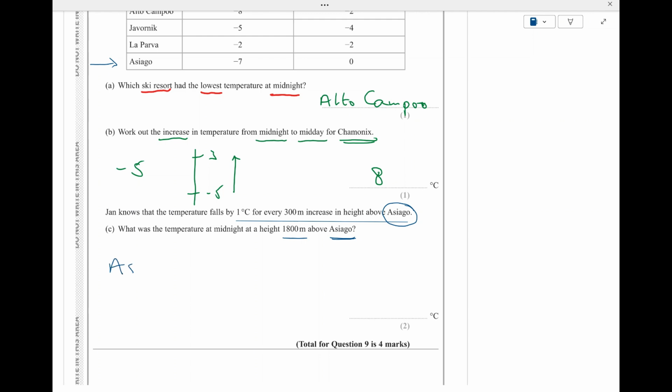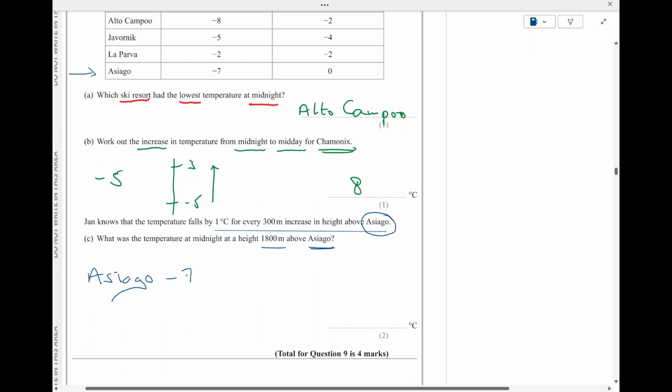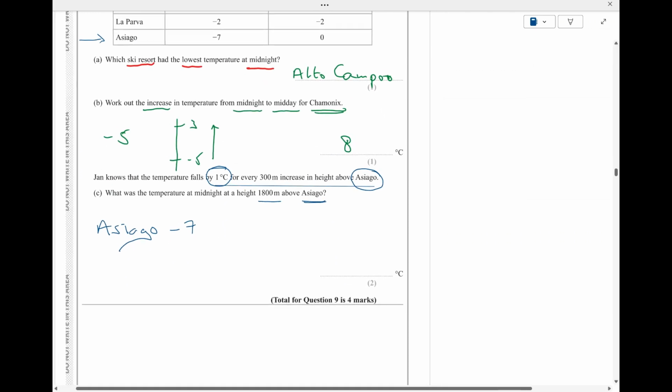Well, in this unpronounceable place, the temperature at midnight is -7. And the temperature goes down by 1 degree for every 300-meter increase. So if you have an 1,800-meter increase, then that's going to be a 6 degree.